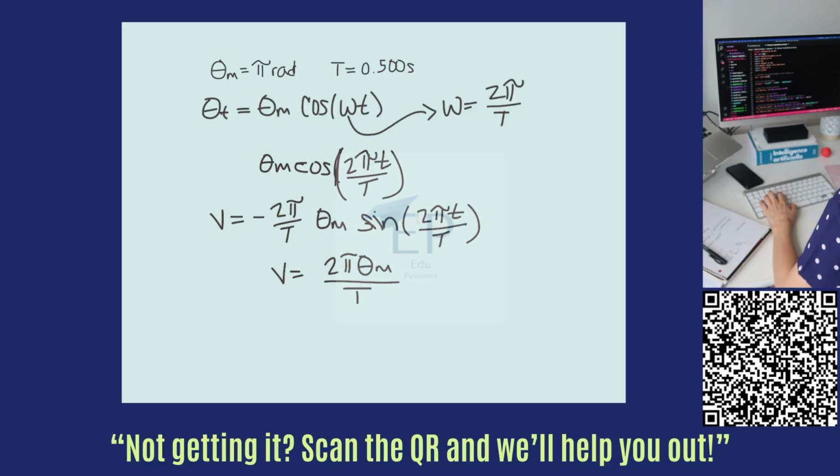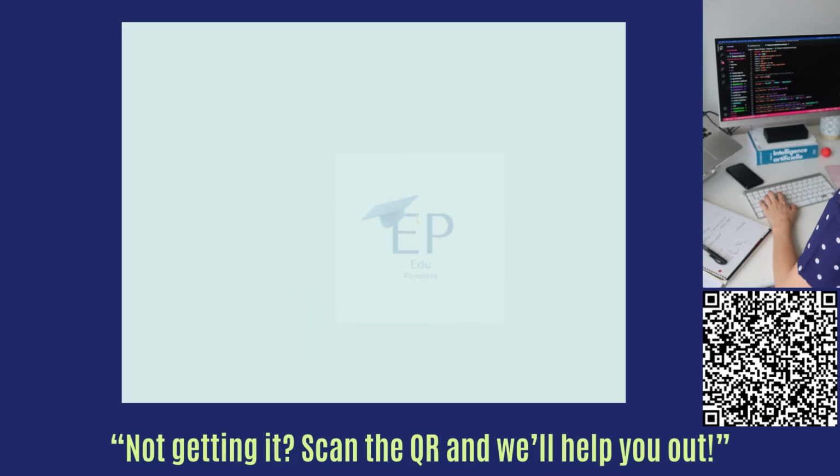So substituting these values in, we have that our velocity is 2 pi times pi rad, because that was our angular amplitude, divided by 0.500 seconds, giving us a value of 39.5 rads per second.